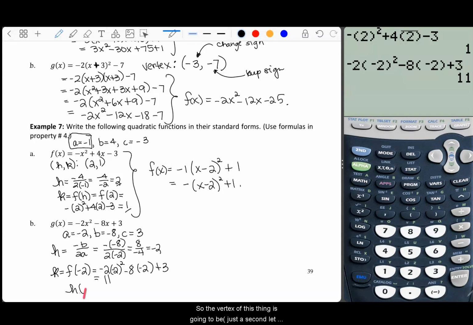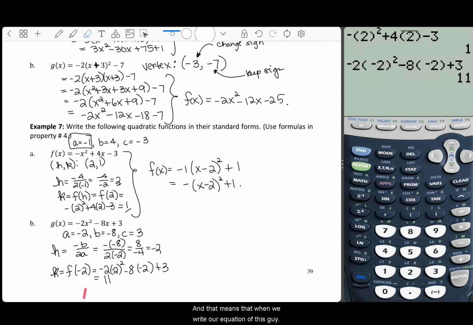So the vertex of this is going to be, just a second, let me get my parentheses right. It's going to be h, k equals negative 2, 11. So there's our vertex.